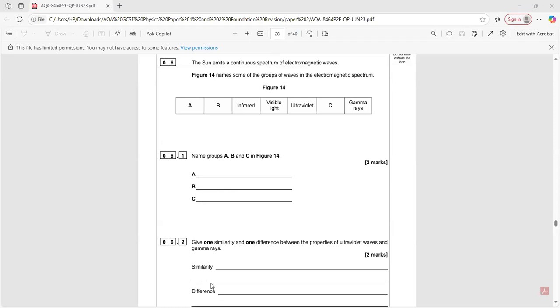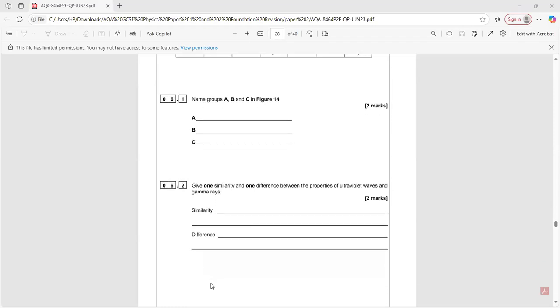Okay, so it says give one similarity. Please still hold on to that, because I'm not too sure I remember this either. Give one similarity and one difference between the properties of UV waves and gamma rays. So what's the similarity and what's the difference?